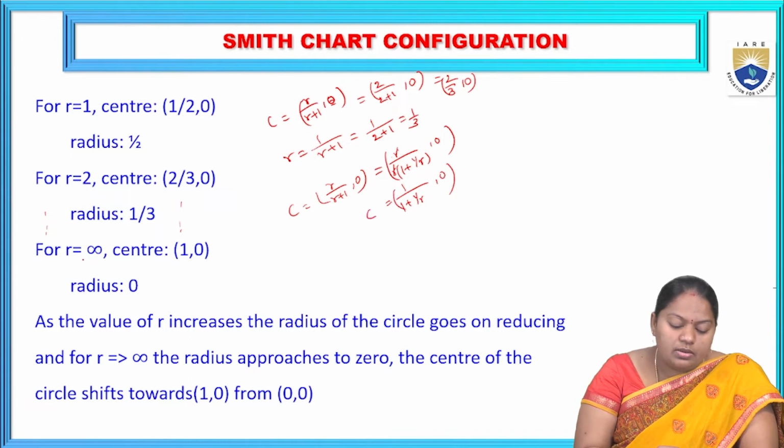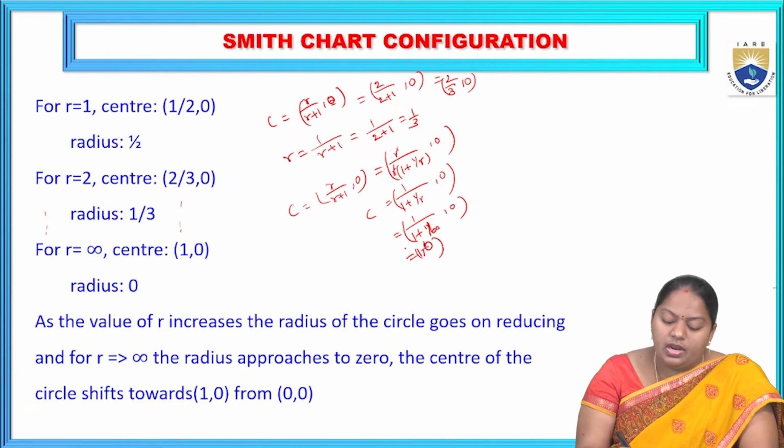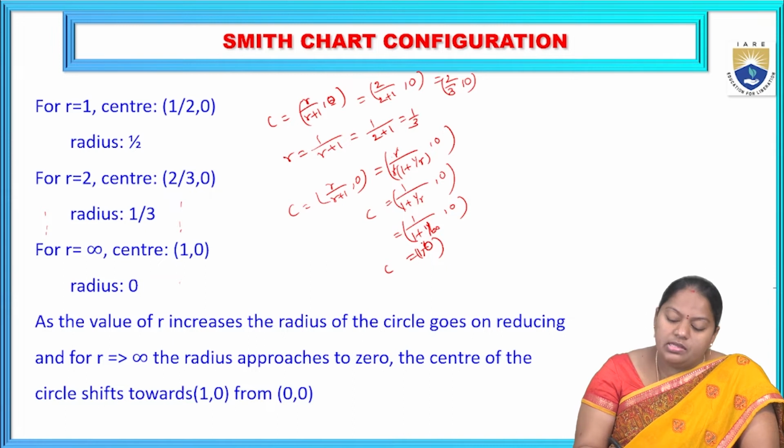Now substitute r equal to infinity: 1 by 1 plus 1 by infinity comma 0. Something by infinity becomes 0, then 1 by 1 becomes 1 comma 0. So with r equal to infinity, center is at (1, 0) and the radius is 0. Why it is 0: the radius formula is 1 by r plus 1, so 1 by infinity plus 1.